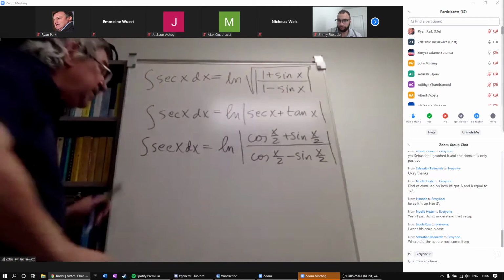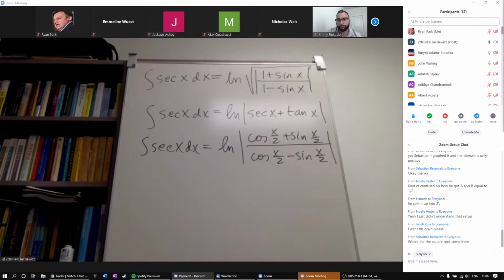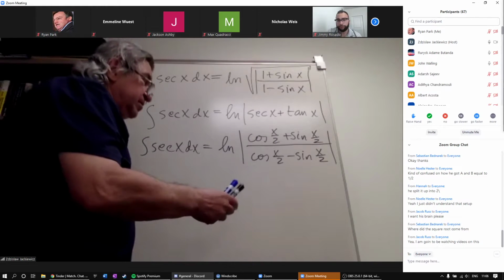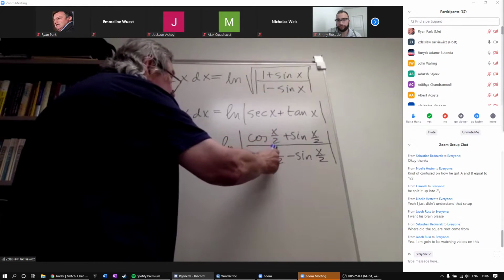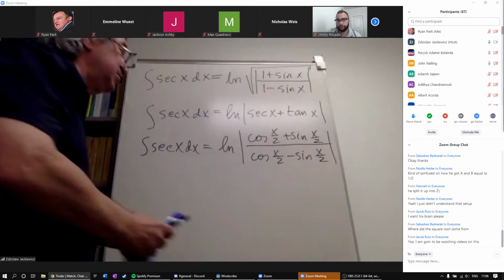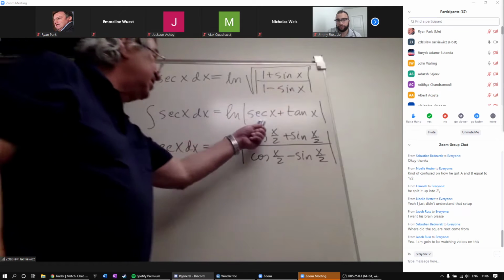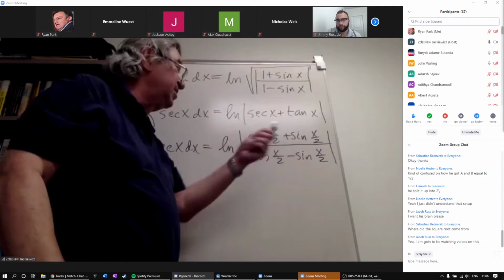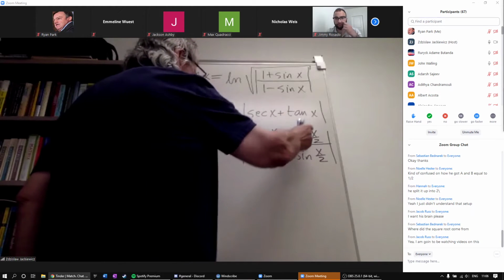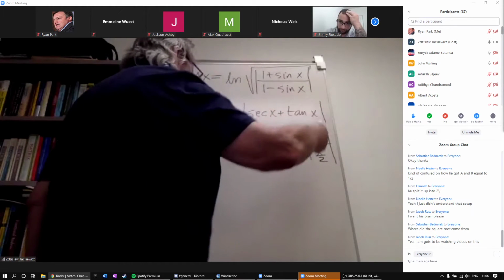So we got 3 different looking answers. So we will show in a moment that this and this are equivalent, okay? But I will not show everything, so try to show that this is equivalent to this if you want. It's not complicated, you just put here secant is 1 over the cosine, the sine over the cosine, rearrange things and so on.